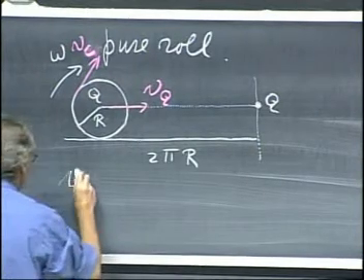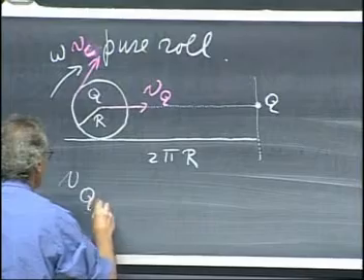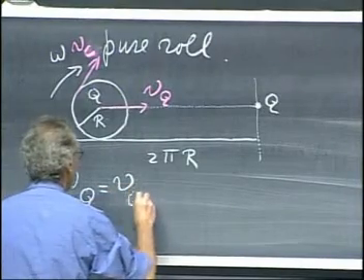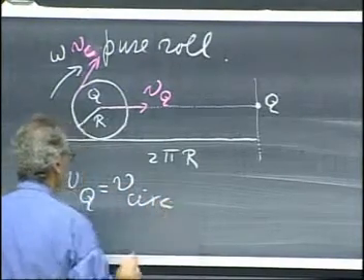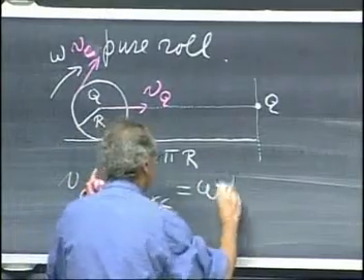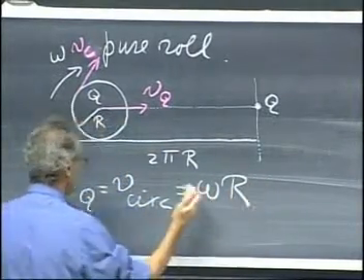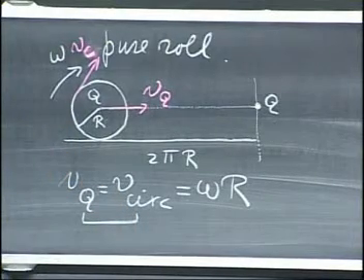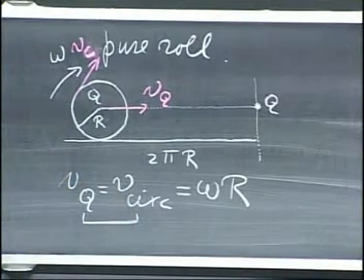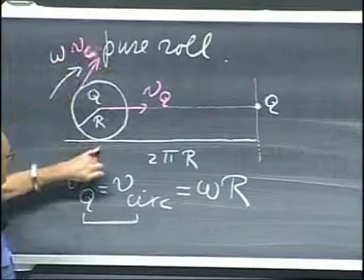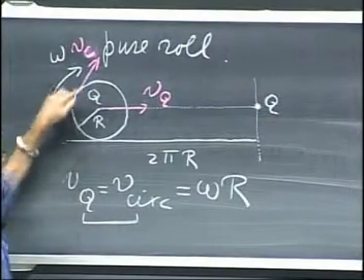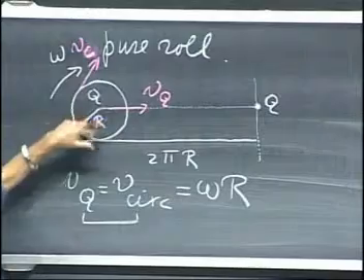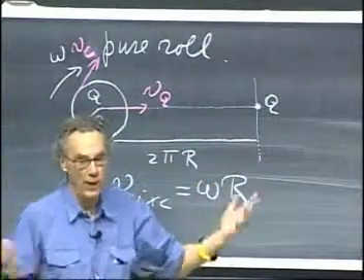In other words, VQ is then exactly the same as V circumference, and V circumference is always omega r. This part always holds, but for pure roll, this holds. You can easily imagine that if there is no friction here, the object could be standing still, rotating like crazy, but Q would not go anywhere.